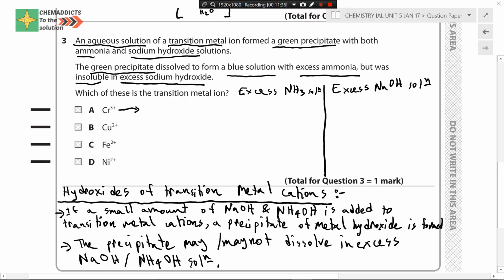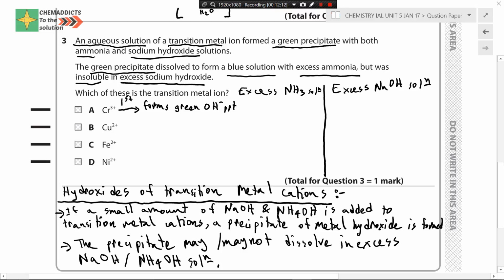So first, if we add ammonia and sodium hydroxide solution with this chromium 3 plus ion, it first forms green hydroxide precipitate.